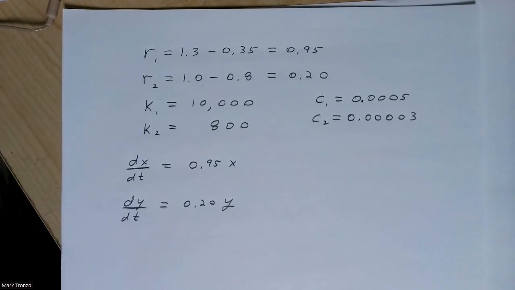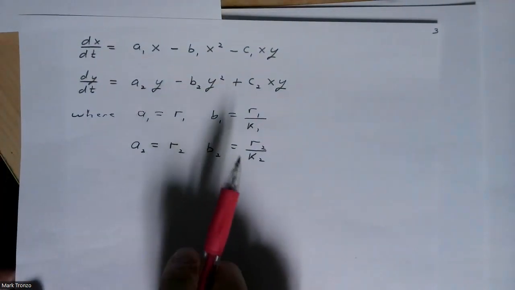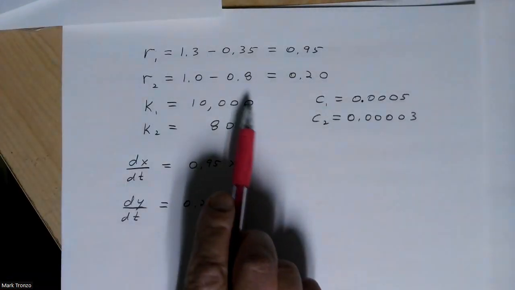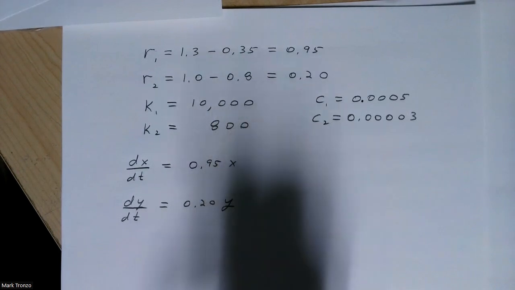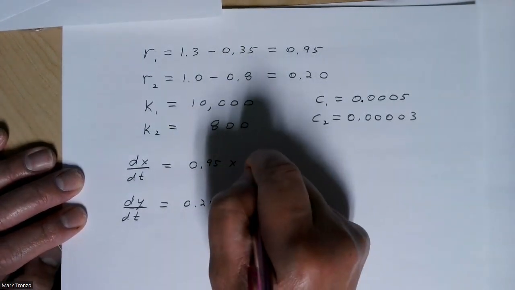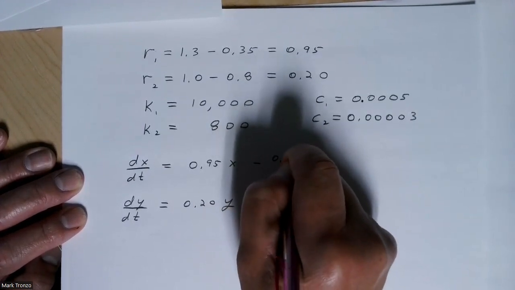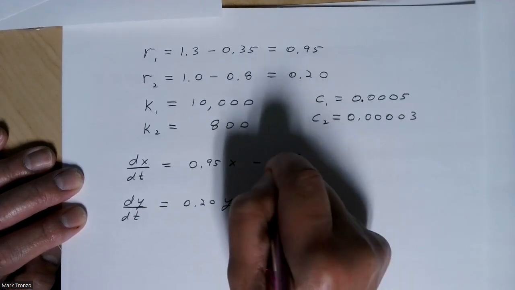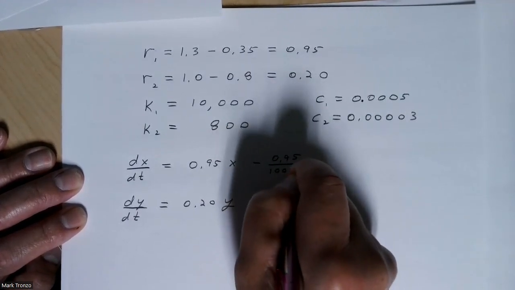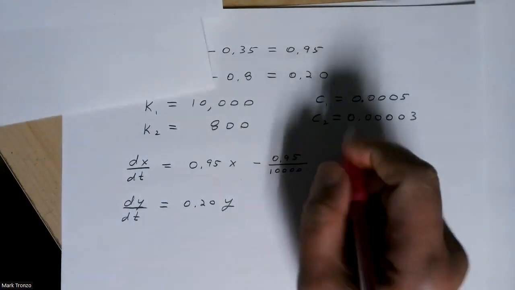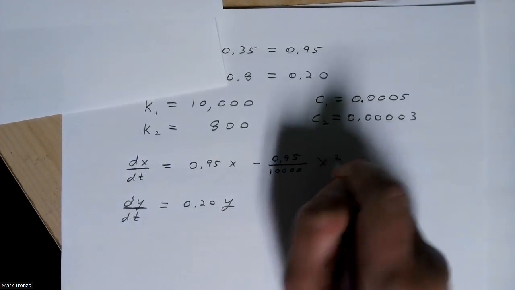And our B1 and B2, the B1 is R1 over K1. I'm just going to keep it in the equation like that. So that's that term here for B1, or you could divide it out and put it in, it's up to you. And that's going to be times X squared.